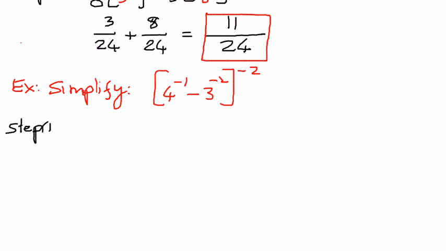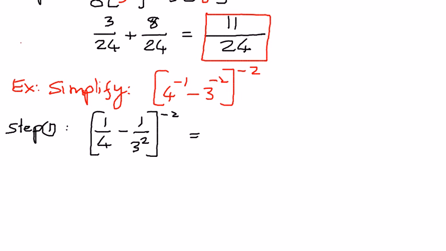Step number 1, we will rewrite the terms which are given to us in exponential form in fraction format. 4 to the power of negative 1 we can write as 1 over 4 minus 3 to the power of negative 2 we can write as 1 over 3 to the power of 2, and all of this is raised to the power of negative 2.